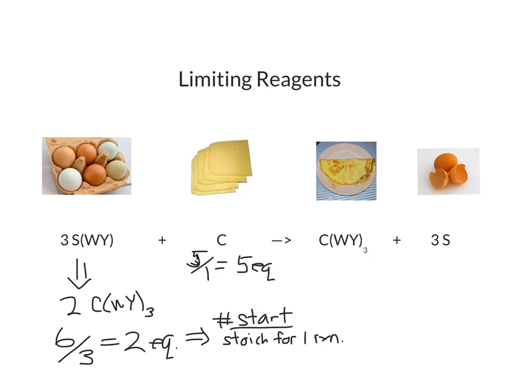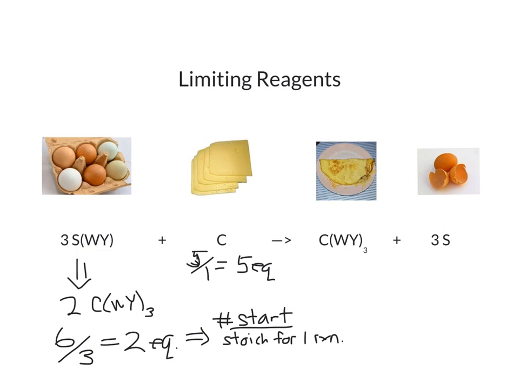Now, if we look at the fact that we can only make 2 omelets, or 2 equivalents, from the amount of eggs that we have, and we can make 5 from the amount of cheese we have, we can see that the amount of eggs is going to limit the total number of omelets that we can make. And so the number of eggs in this case is called the limiting reagent. It has the least number of omelets that we can make. And so it limits the total number of omelets that I can ultimately make.